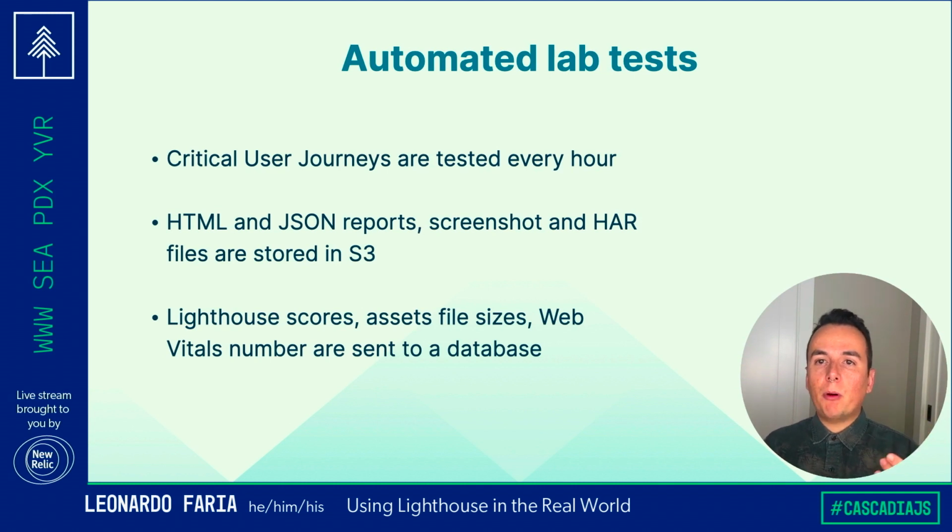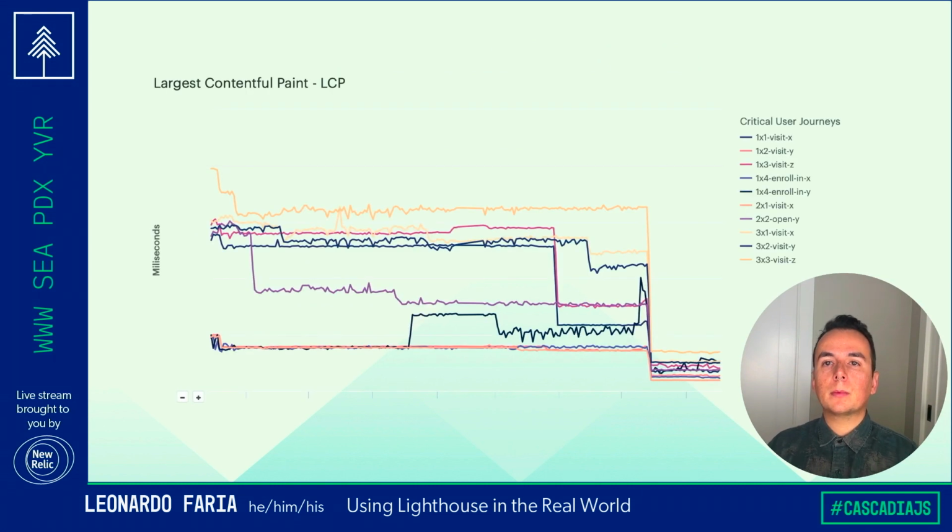Finally, the performance numbers from Lighthouse along with the resource file sizes are sent to a database. By storing metrics in a database, we can quickly create custom reports as we need. In this slide, for example, you can see the improvement of the Largest Contentful Paint over time.